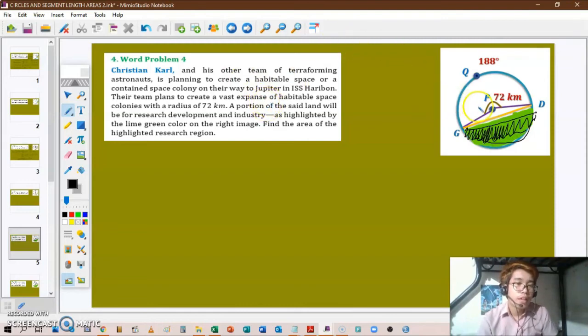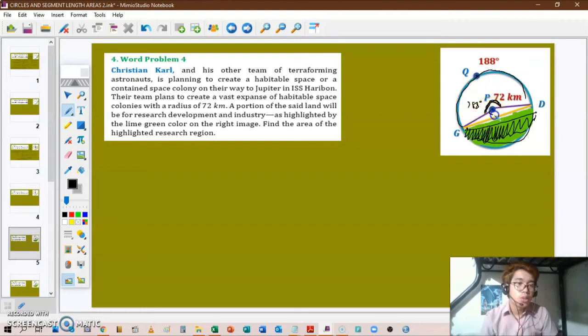We have here that the central angle is given as angle GPD, and the intercepted arc of the central angle is 188 degrees. Therefore, the central angle here must also measure 188 degrees.